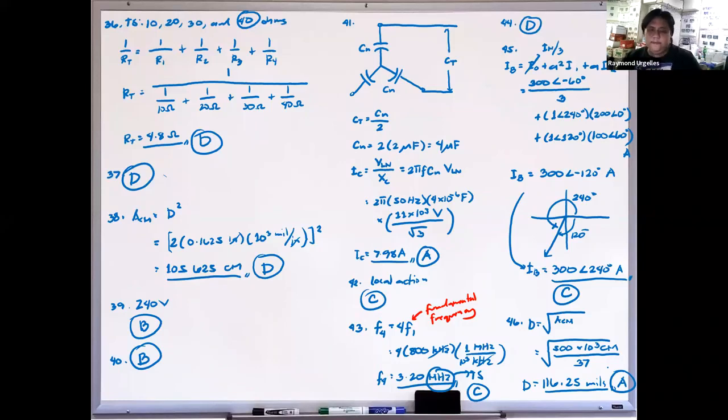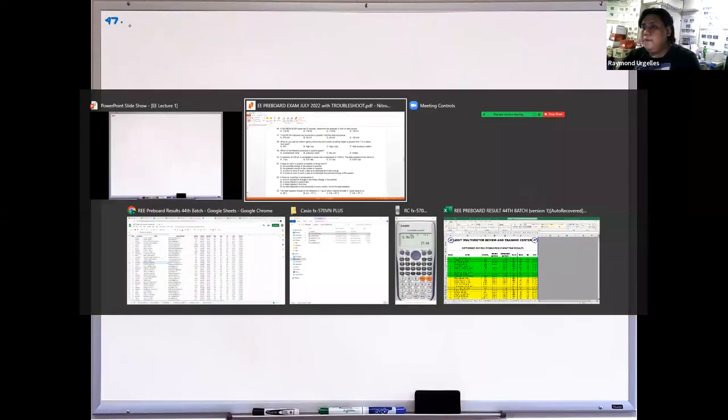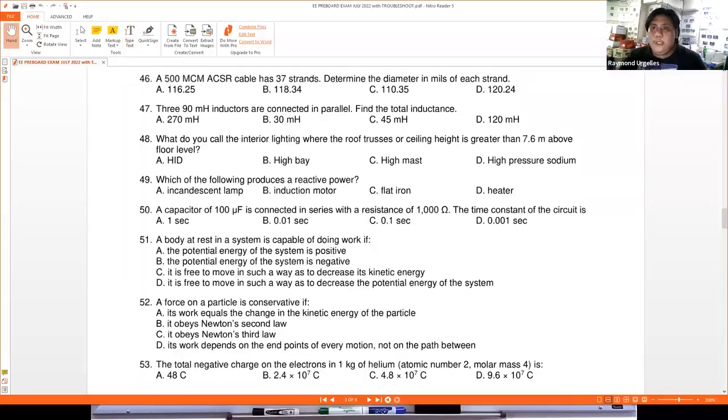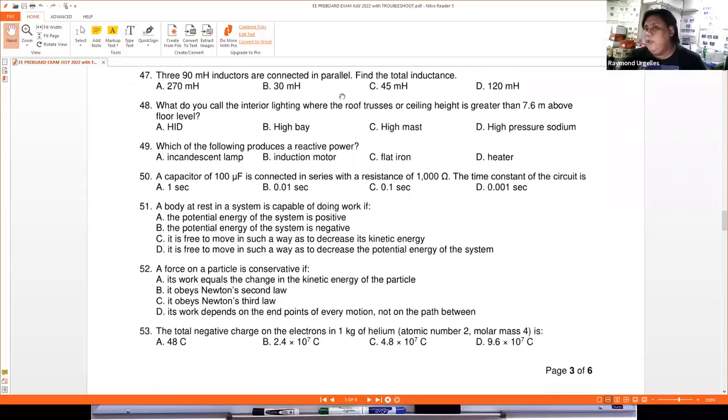47. Okay? So number 47, given tayo ng inductances. Pero since wala sa atin binigay ng mutual inductance, we will assume that the mutual inductance is negligible.